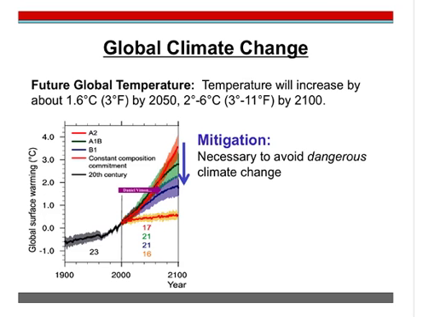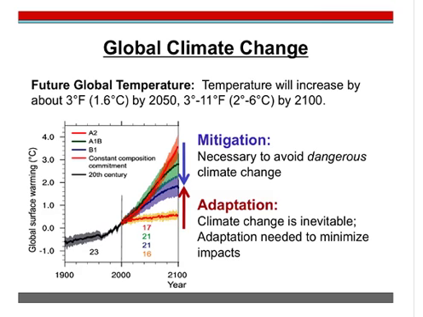Now, I personally think the B1 scenario is very optimistic. Currently, in terms of greenhouse gas emissions, our trajectory is above every one of these scenarios. But it is possible that something will occur in the next 100 years. Even if we are able to mitigate down to a B1 scenario, there still will be a certain amount of warming that is inevitable.